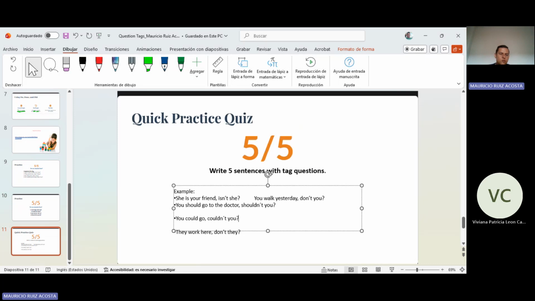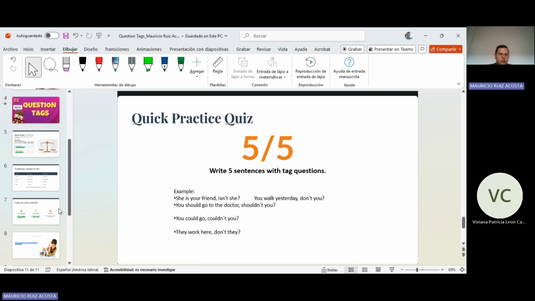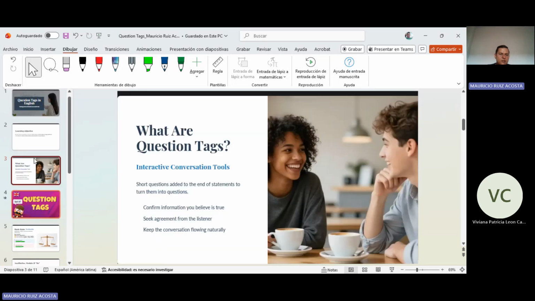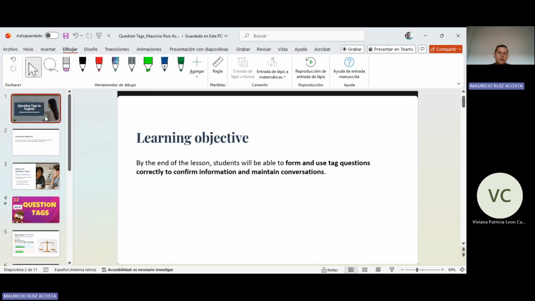Okay, this is so important to understand. This is a good reminder. Okay, that is our class for today, and this is a short class related with the tag question.